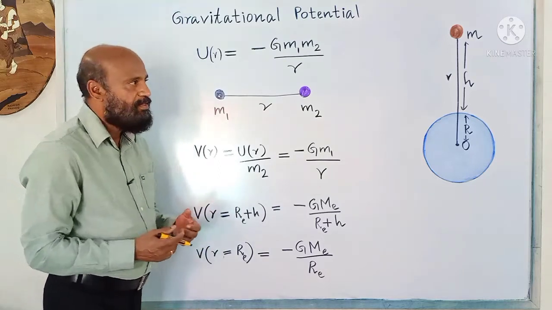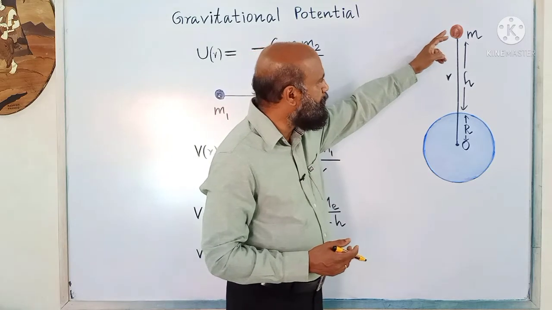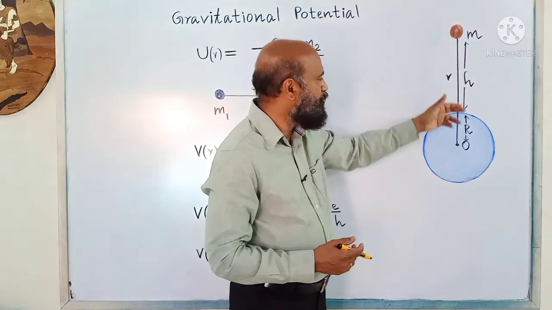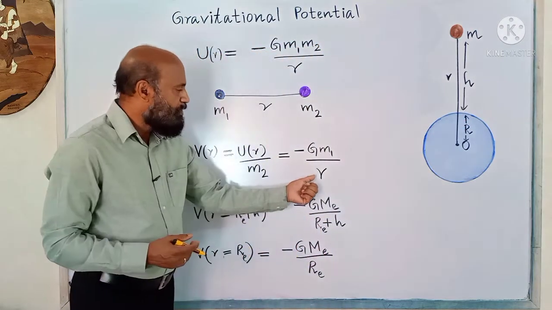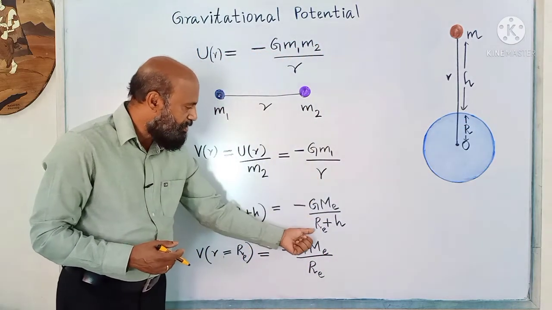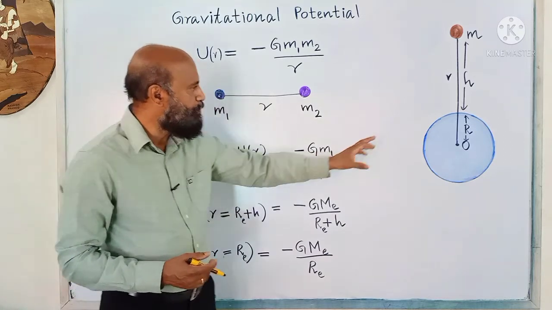Now let us see the gravitational potential at a point which is at a distance h from the surface. So for this r we can write Re plus h, and instead of this m1, the mass of the earth.